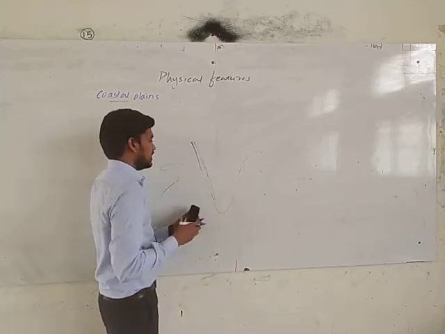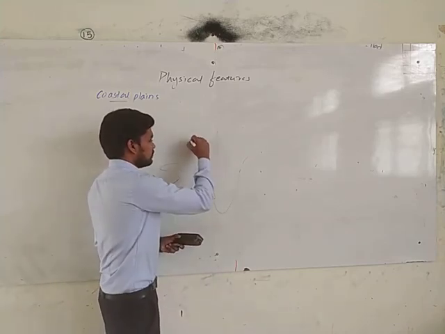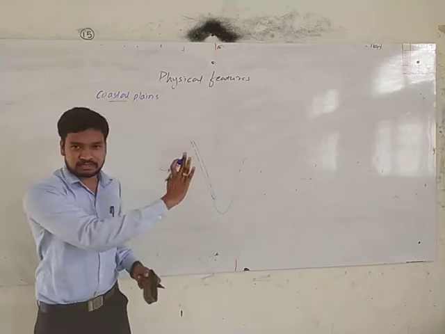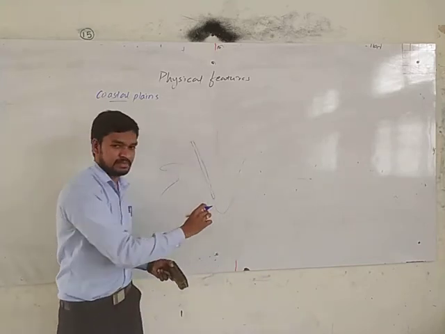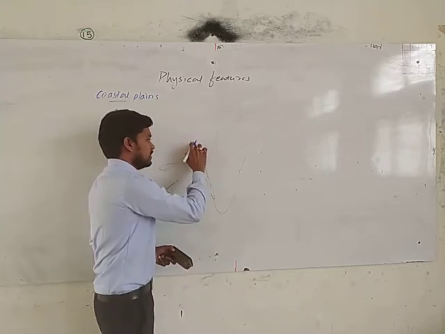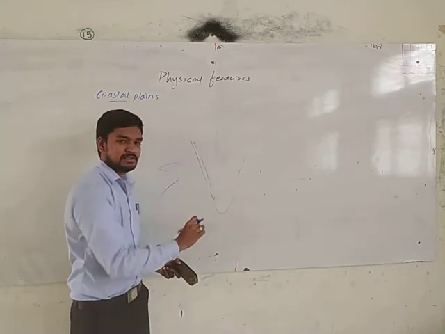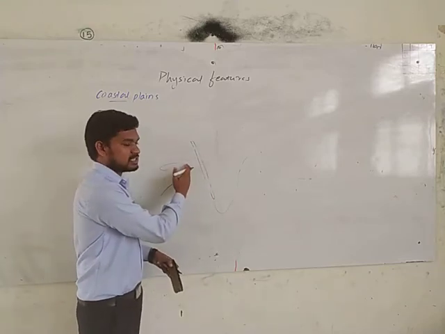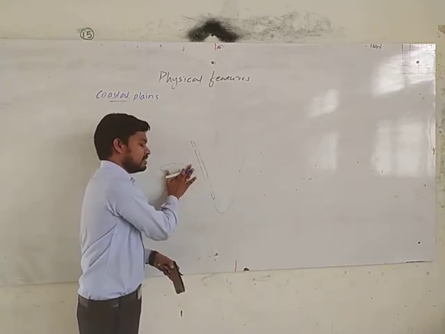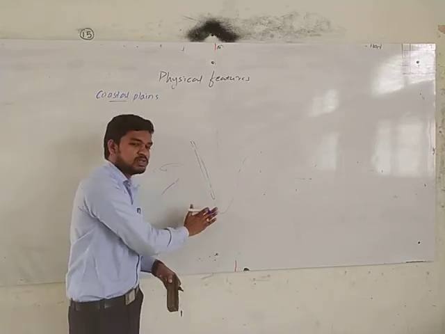So this is a line which connects the Indian landmass, the subcontinent of India, the peninsular country. It's a coastal line. So the flat, low-lying land which connects the landmass and this water body is called the coastal plain.